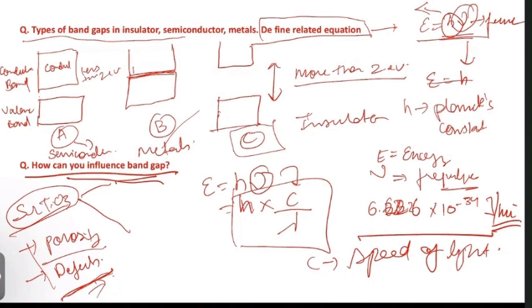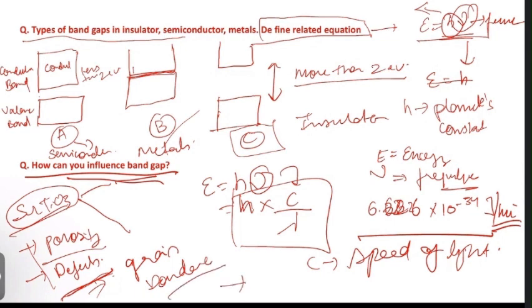What is the third factor on which we can influence the band gap? Porosity is there, defects are there, grain boundaries. It means we just have to reduce into the nano size.